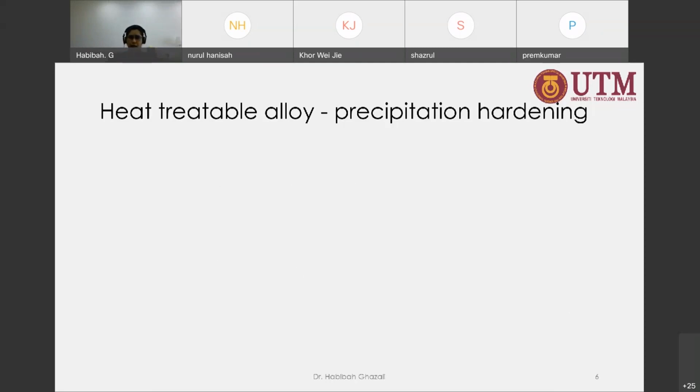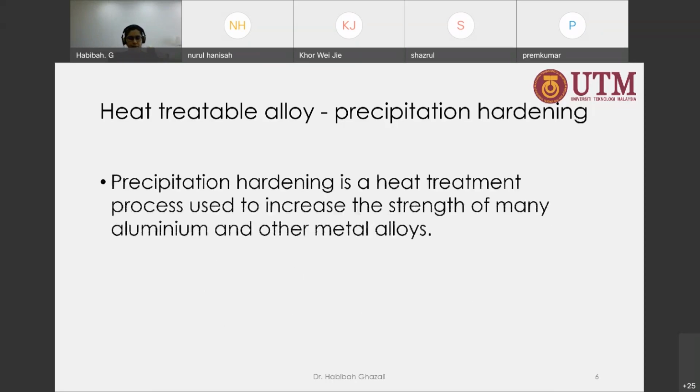Certain aluminum alloys, especially aluminum copper alloy with certain composition, can go through this heat treatment process. Precipitation hardening is sometimes called age hardening. They both are the same process.